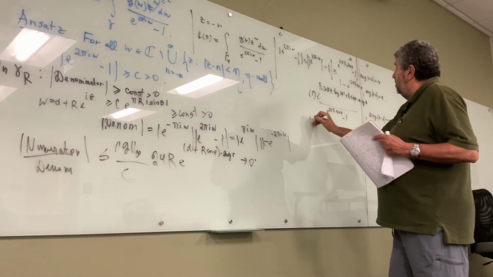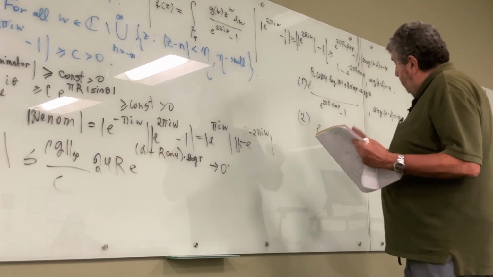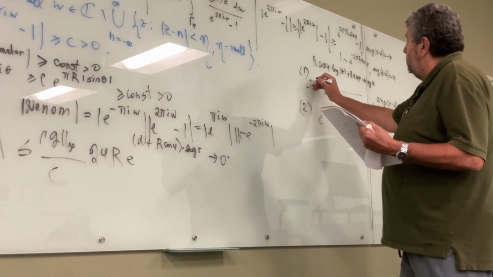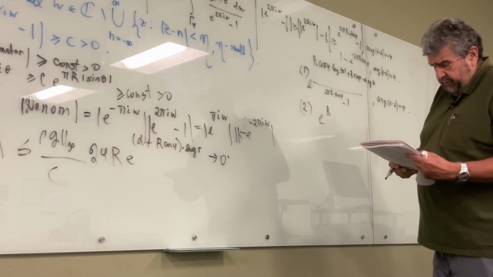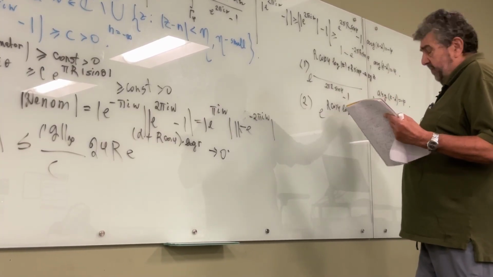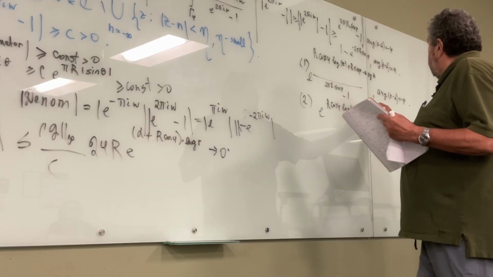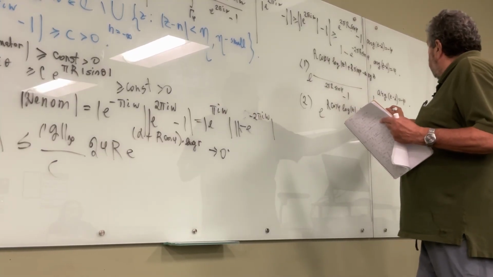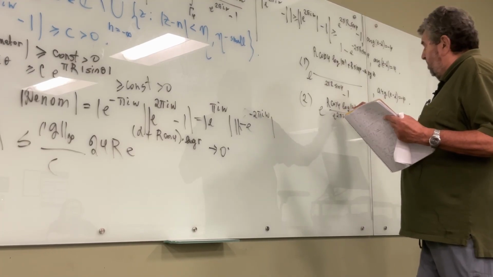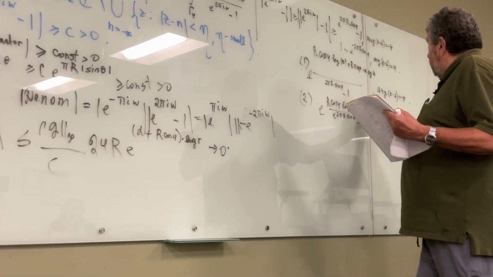And the last formula I'm going to write is e to the r cosine phi log absolute value of z minus r sine phi argument of z, divided by e to the 2 pi r sine phi minus 1.